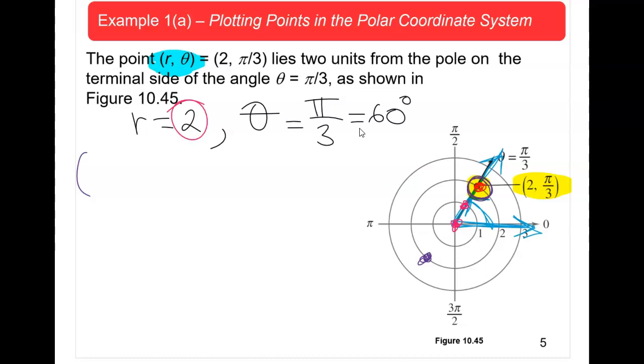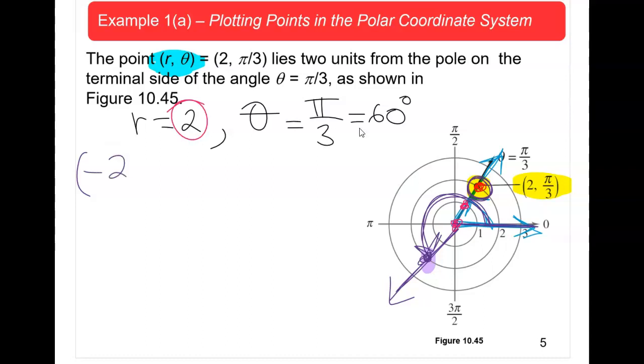I will consider an angle that starts from there and goes all the way here in the counterclockwise direction. And for me to move that point, this purple point, to the other side where the one in yellow is, I will have to use a negative radius.